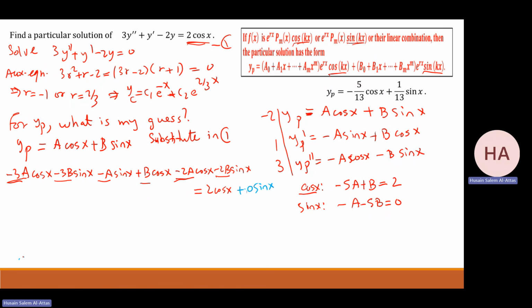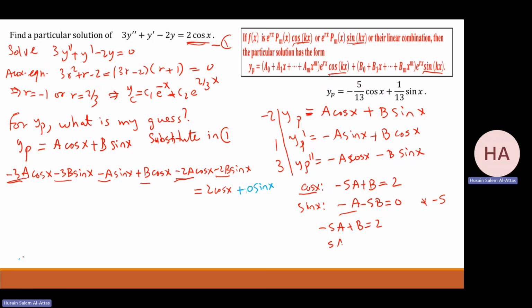Okay. So I need to solve these two equations. One way to do it, I can multiply this equation by minus 5. So I have 5a, that will make it easier.